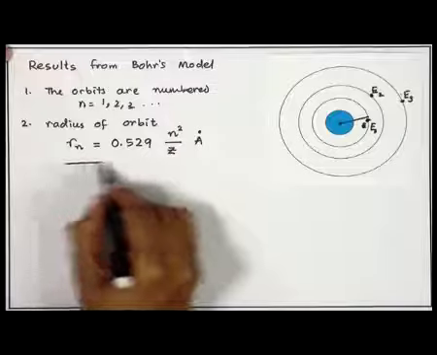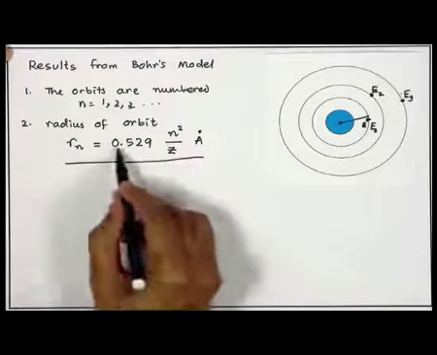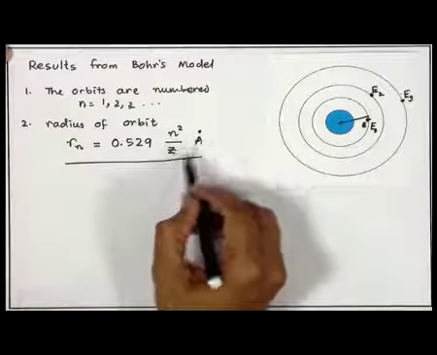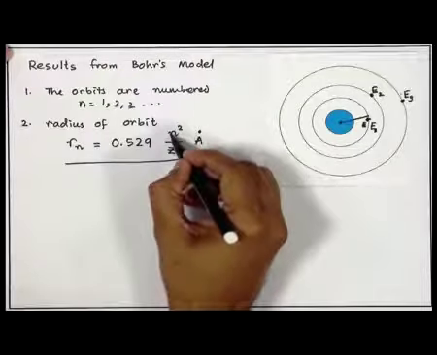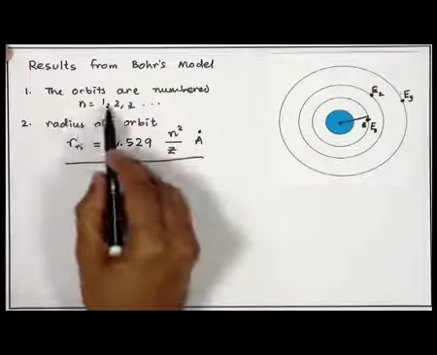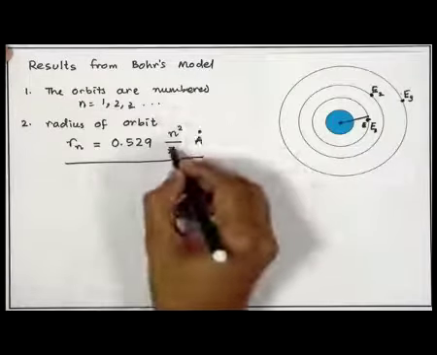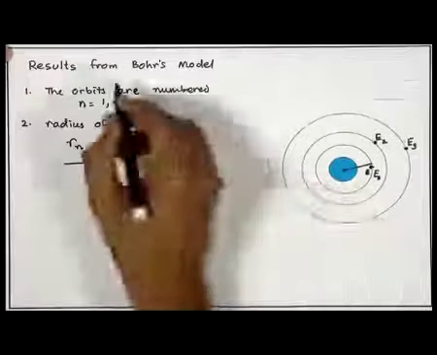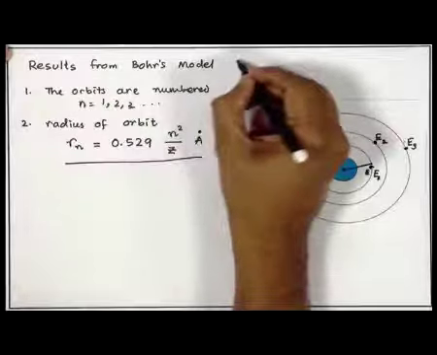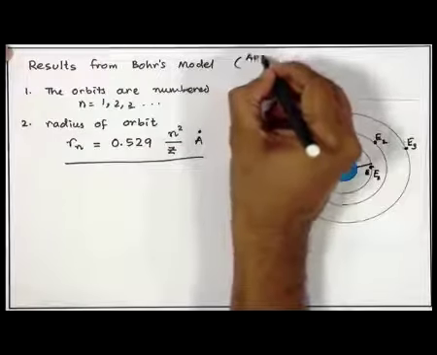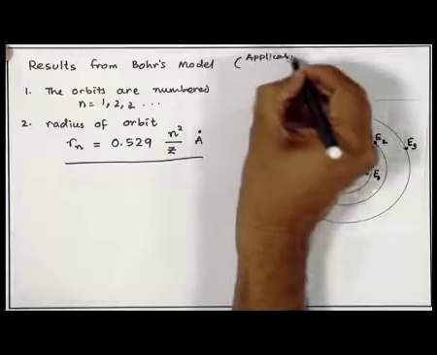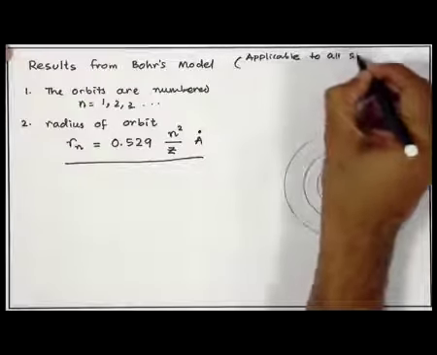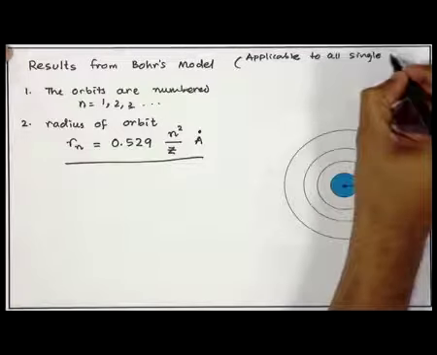If you look at this expression, you have a number 0.529. This number has the unit of angstrom, because the remaining term, n, is the index here, which can be 1, 2, 3, just a number, and z is the atomic number of the nucleus. So, results from Bohr's model are applicable to all single electronic species.